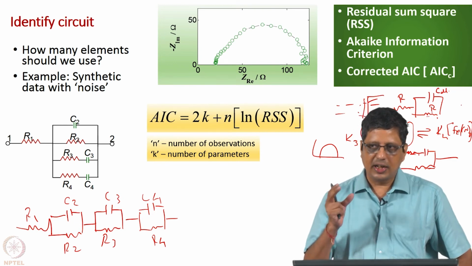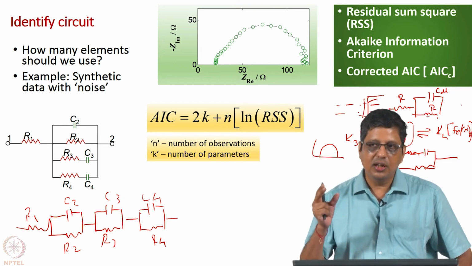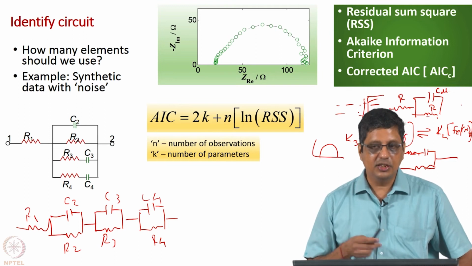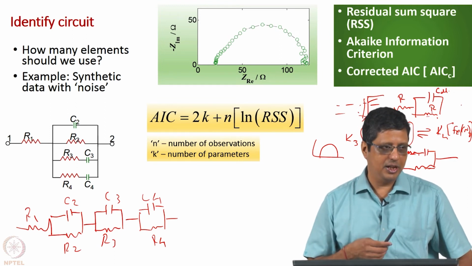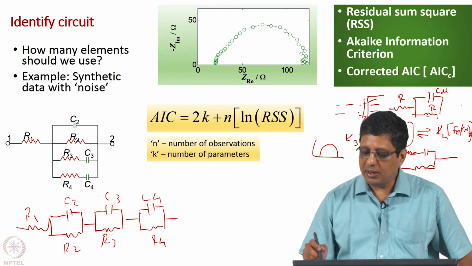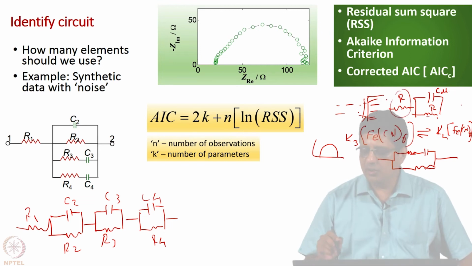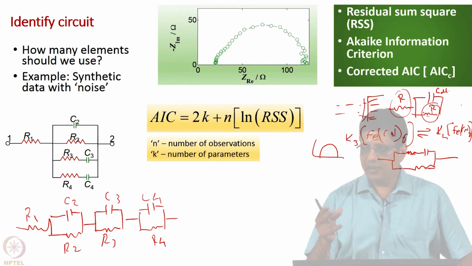It depends on your understanding of the system, on what you think should be the correct representation of the system. You should be able to come up with a logical explanation and say, for example, this will represent the solution resistance, this will represent the reaction impedance. That is, the reaction will not occur at an infinitely fast rate, it will occur at a finite rate, and I can adjust that by adjusting the DC potential.